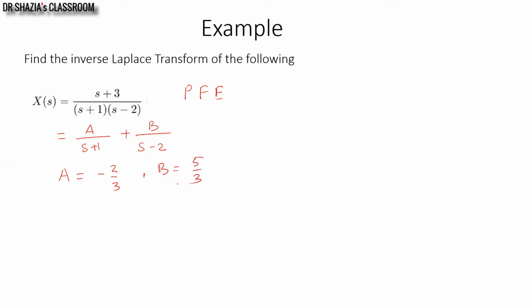Yes, now I will write x of s as minus 2 by 3 by (s plus 1) plus 5 by 3 by (s minus 2).